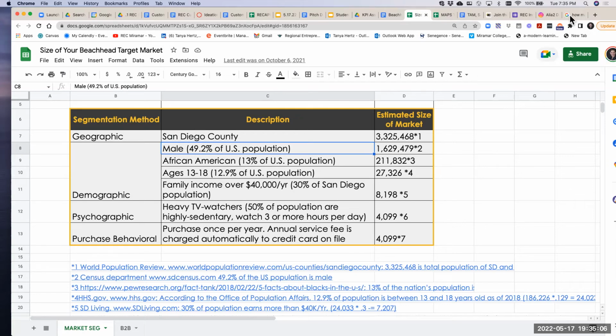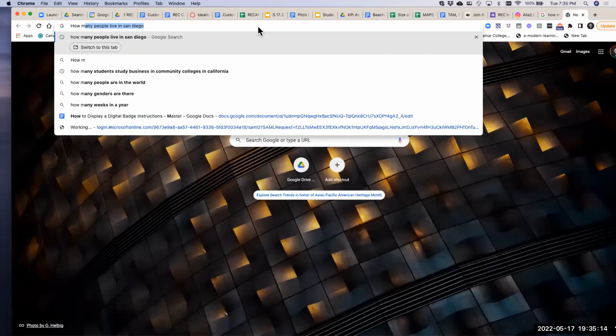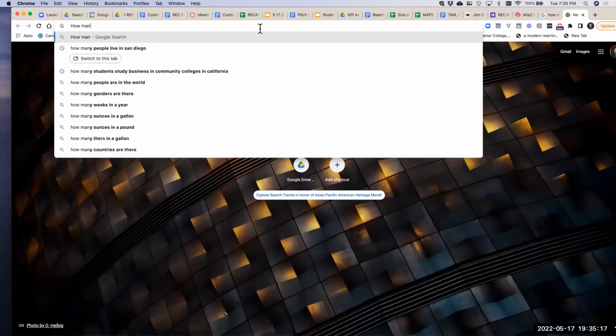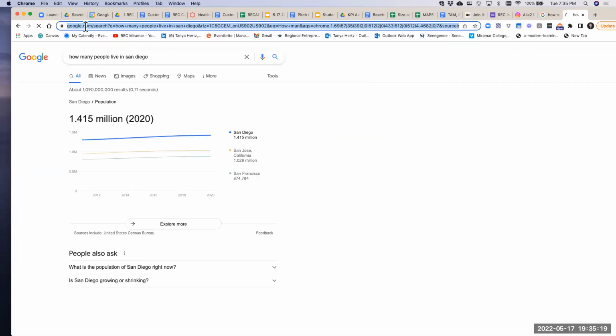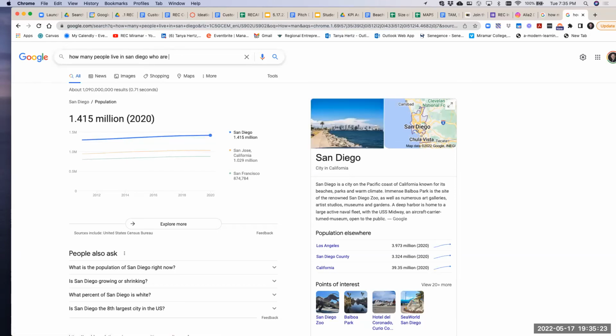What you don't want to put into Google is, how many people live in San Diego who are male, teenage, boys, African-American, making this? Do you see why that's stupid? Why that doesn't work? It'll never work. You are not going to be able to find somebody who's done your entire market research for you.